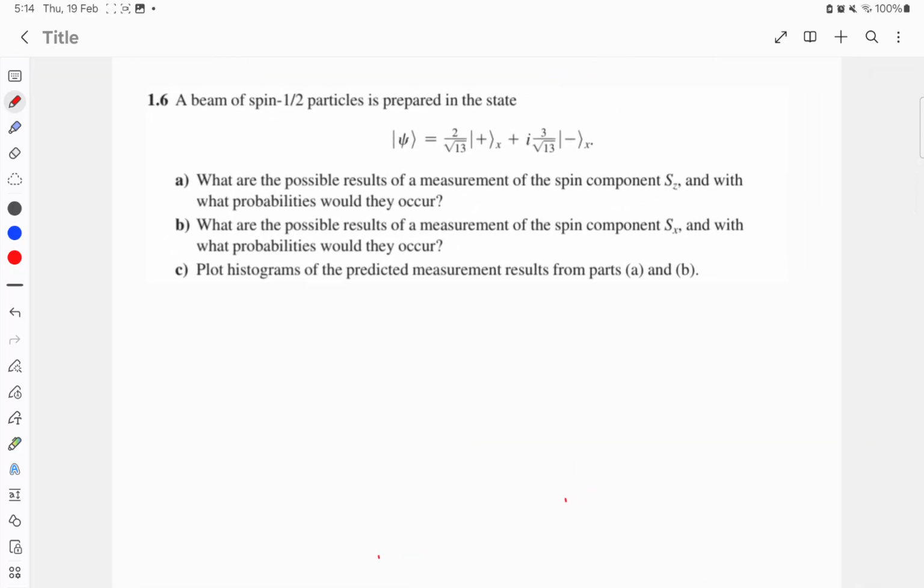So for part B, it says, what are the possible results of measurement of spin component Sx?